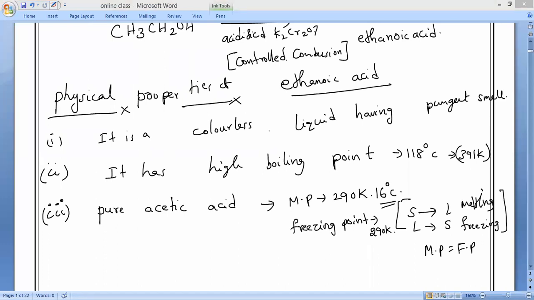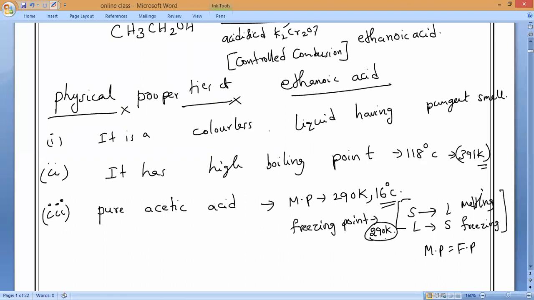Sir, above what degree is it considered high melting? It is 118 degrees Celsius or 391 Kelvin. Now, melting point is 290 kelvins or 16 degrees Celsius approximately, and the freezing point is also the same.